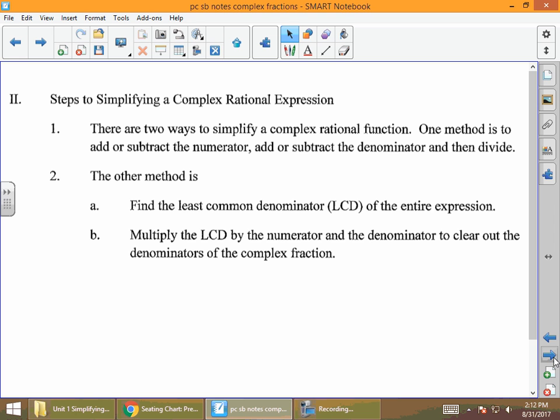Two ways to simplify a complex fraction. One is to add or subtract the numerator, which is the top of the fraction, add or subtract the denominator, and then divide. And that's what we've kind of been doing already. And then the other method I'll show you on problem 2. I can read this up here, but it's not going to make sense until you actually see it. But it's finding the least common denominator and then using that least common denominator to simplify.